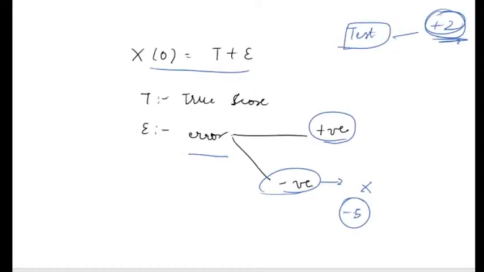Now, the second assumption is that the error that we have, positive, negative, any kind of error, will not be correlated with our true ability or our true score. So they are both uncorrelated.